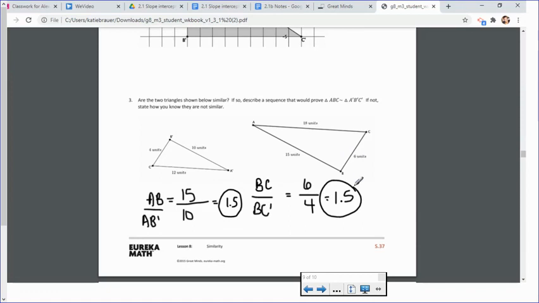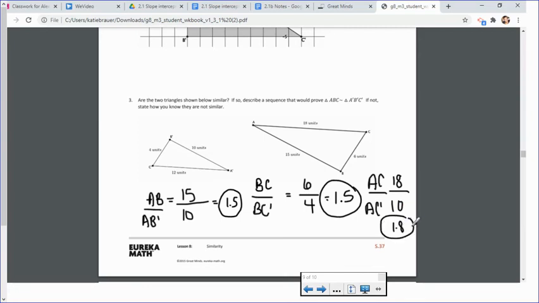So now we have one more thing we have to check, and that is A to C divided by A to C prime. So A to C is 18 units. A to C prime is 10 units. And if I took 18 divided by 10 in my calculator, I would get 1.8.